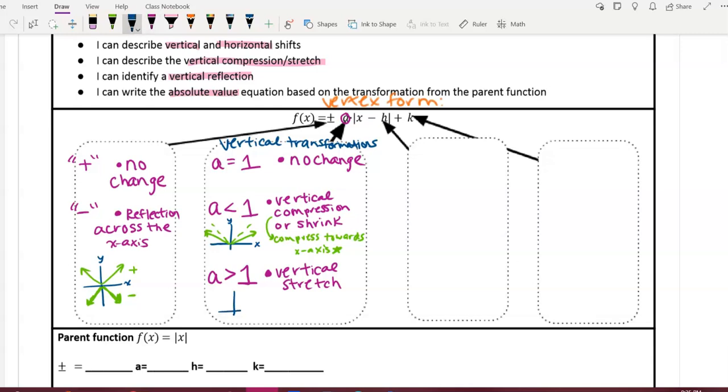So if this is our graph here with x and y, and let's say this is our parent function, the graph is actually going to get narrower.